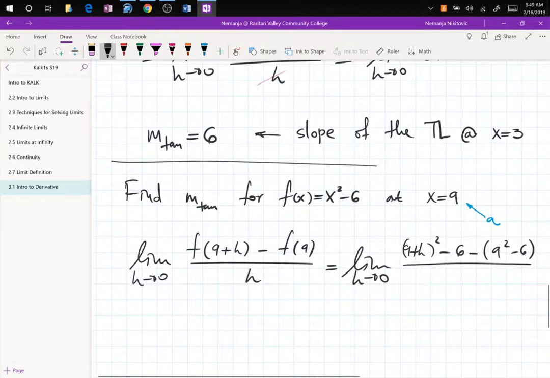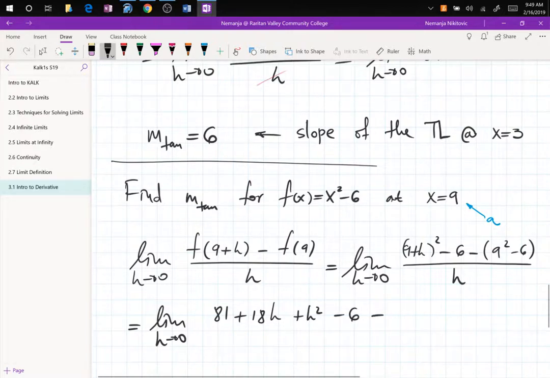That's f of 9, divided by h. Limit h goes to 0. Expand: 81 plus 18h plus h squared minus 6 minus 81 and then plus 6 over h.